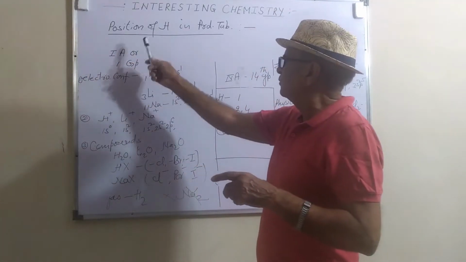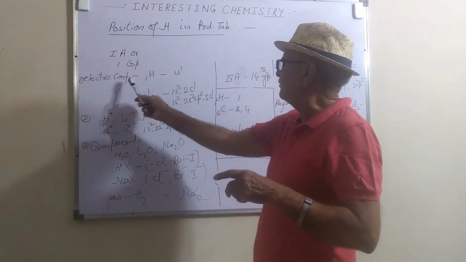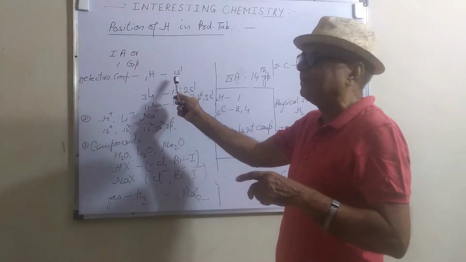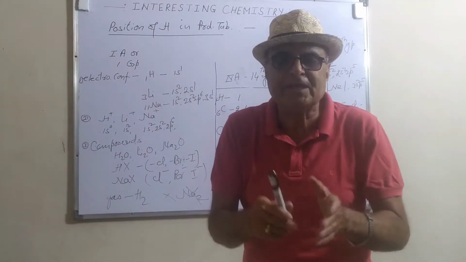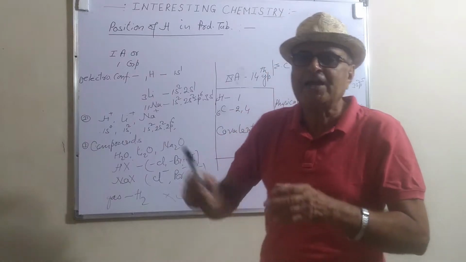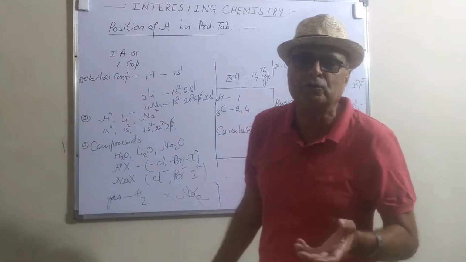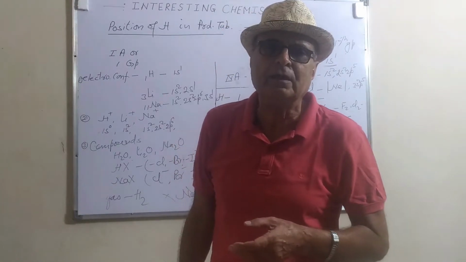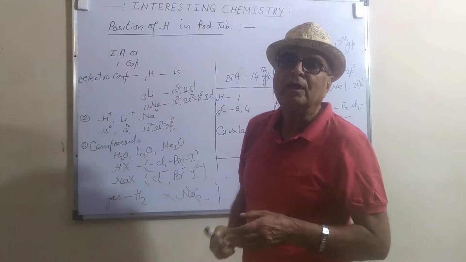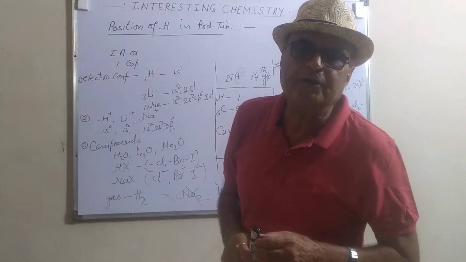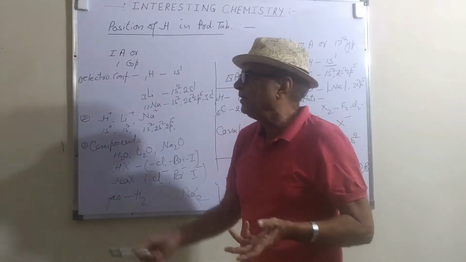Today, the electronic configuration of hydrogen is 1s1. With this electronic configuration, hydrogen is placed in group 1A according to the Mendeleev periodic table, or in the first group in the long periodic table, the modern periodic table.